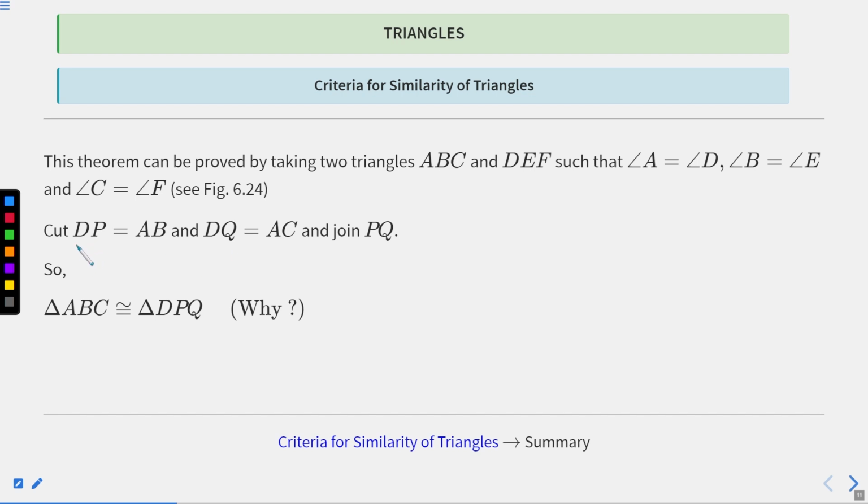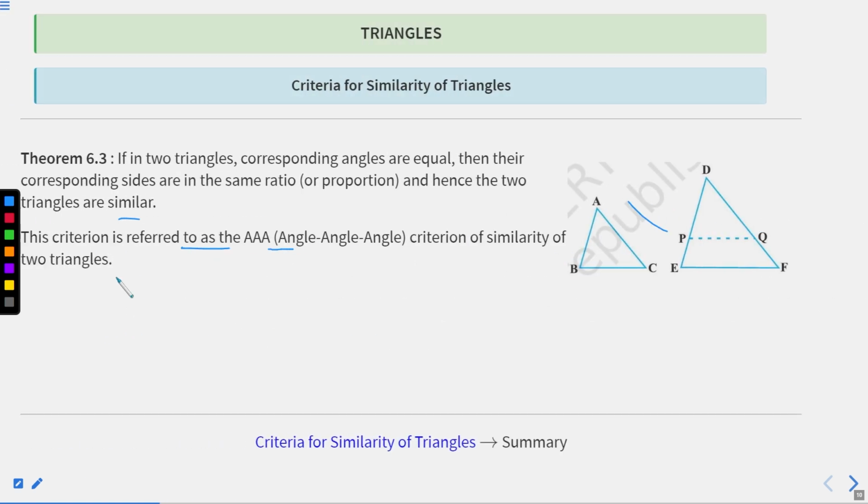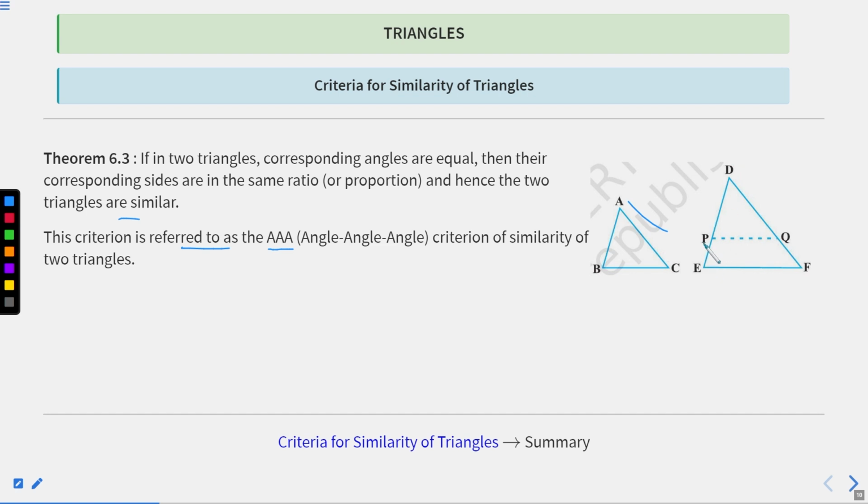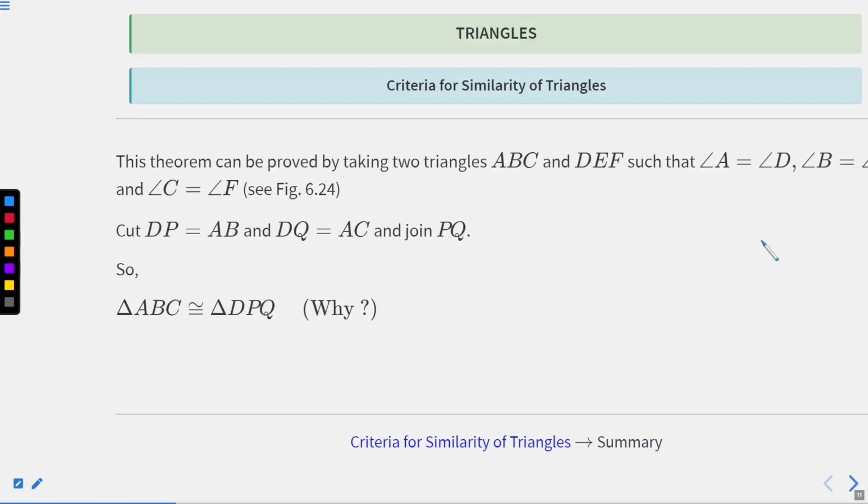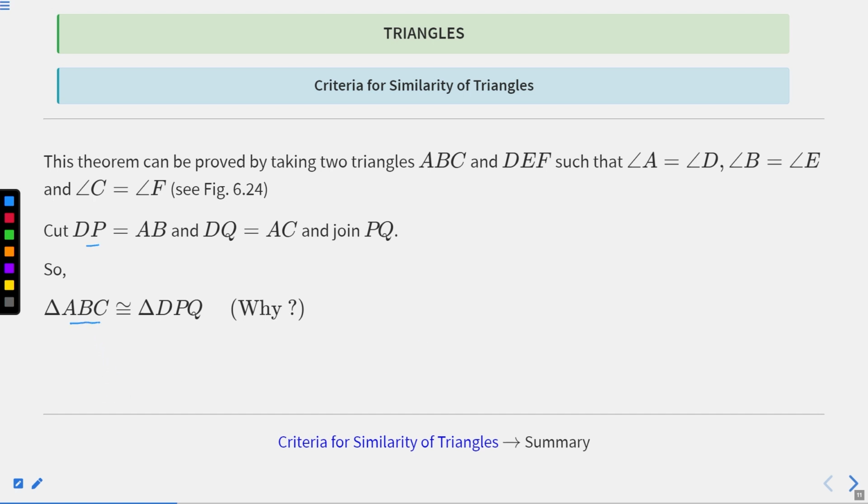Now cut DP equal to AB, and DQ equal to AC, and join PQ. So here we do this: DP is equal to AB and DQ is equal to AC, and from triangle ABC we cut DP at P and DQ at Q. Here these two triangles, triangle ABC and triangle DPQ, are actually congruent to each other.